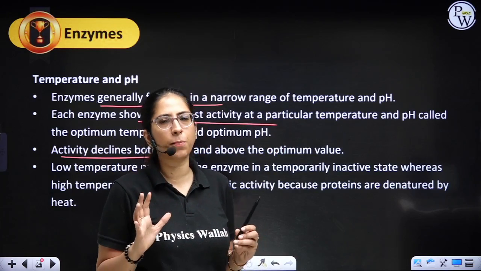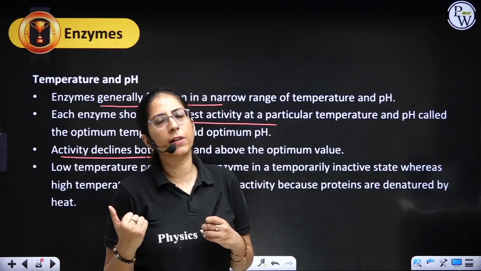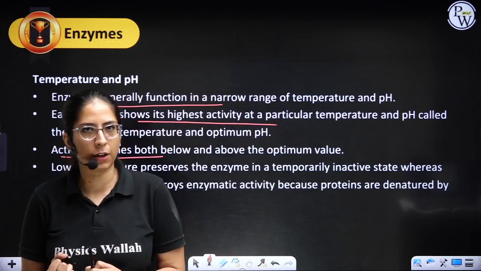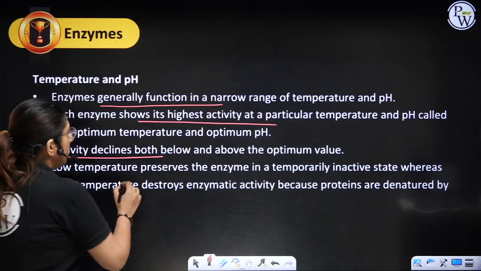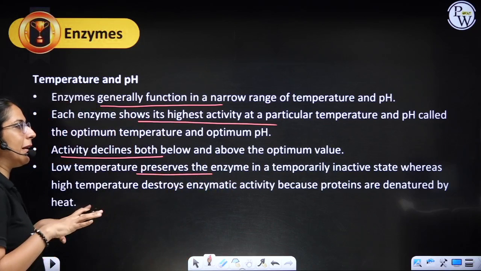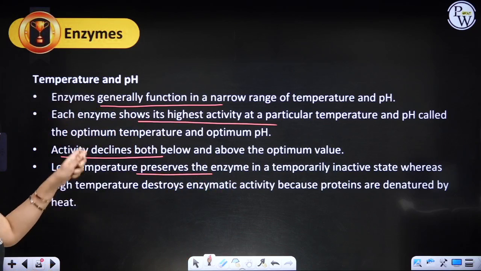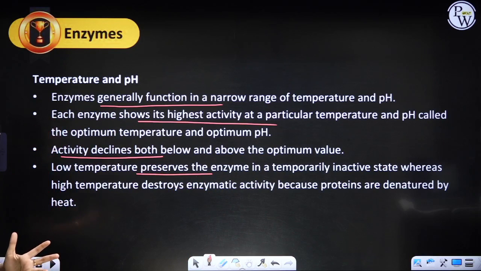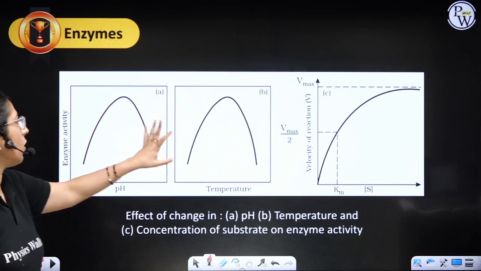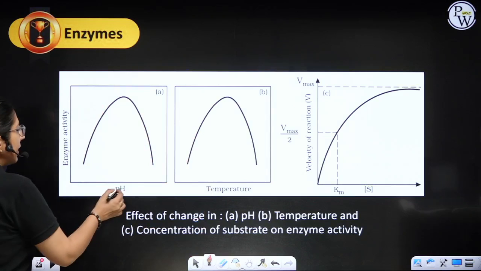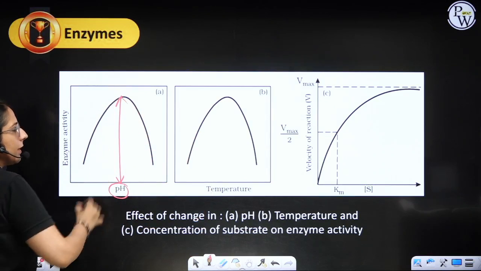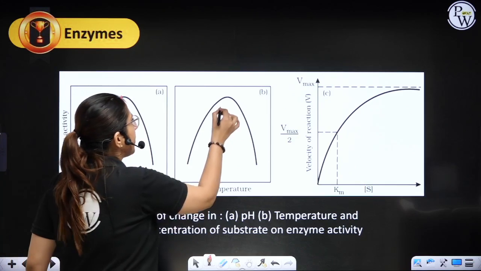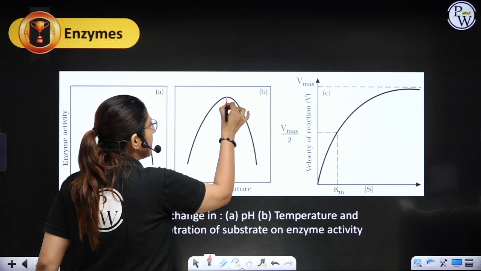The enzyme will not be able to function because they are made up of proteins only. Low temperature preserves the enzyme in a temporarily inactive state, whereas a high temperature destroys it and denatures the enzyme. Now, pH: the activity is highest at a particular pH. You can see that. Similarly, at a particular temperature, you can see the activity is like this.